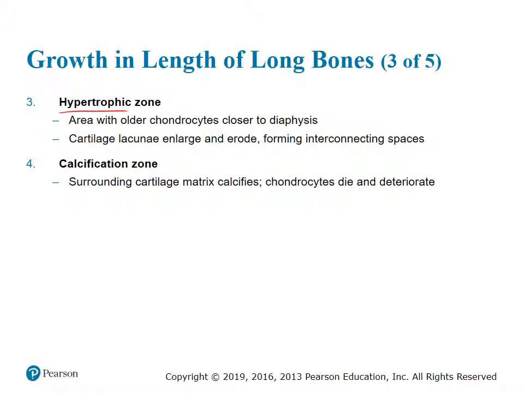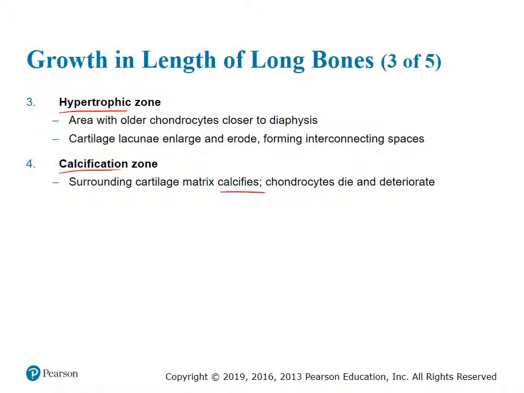The hypertrophic zone. This is where you start to see chondrocytes close to the diaphysis. We are seeing these cells and the area that they are in, called the lacunae, start to enlarge and erode. And then we have this space forming here. And then we start to see, again in step 4, the calcification zone, where we see the matrix of the cartilage becoming calcified.